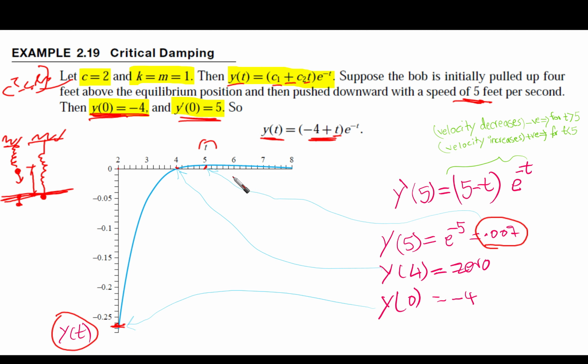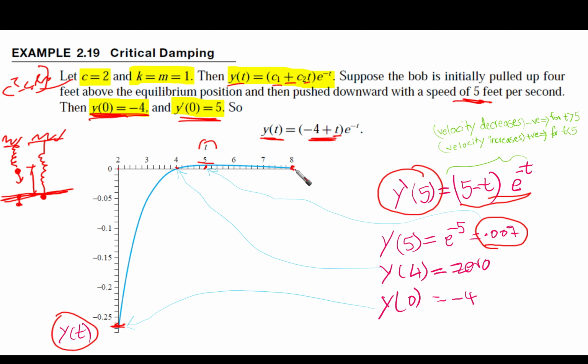Then at this point, y prime of 5 equals this term, which is 5 minus t times e to the minus t. This means that it is almost horizontal, and then with increasing t, this value is going to decrease and we are going to reach 0 again.